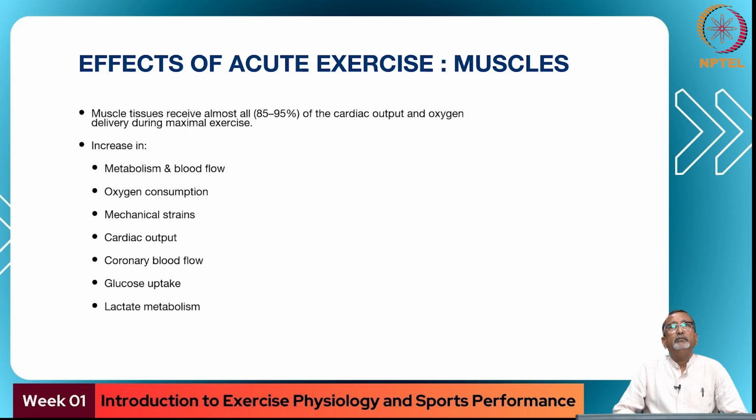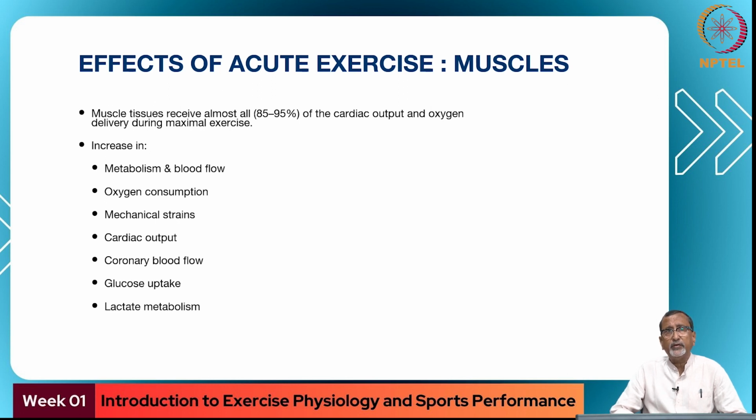So, it increases the metabolism because your muscle requires proper nutritive support and oxygen. Therefore, the blood flow also increases, the metabolic activity increases, and oxygen consumption increases because your muscle needs a higher quantum of oxygen to satisfy the metabolic demand.